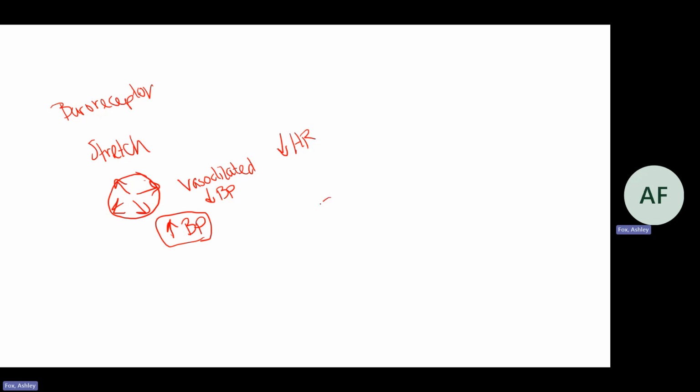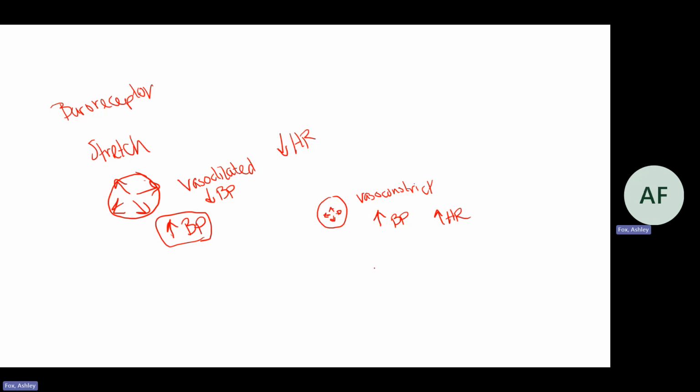If there's not enough stretch, where it's not pushing as much on the sides of wherever these baroreceptors are, then you're going to vasoconstrict to increase blood pressure because it's low. And you're going to increase your heart rate because you're trying to compensate for cardiac output and get blood flow everywhere because blood pressure is low.